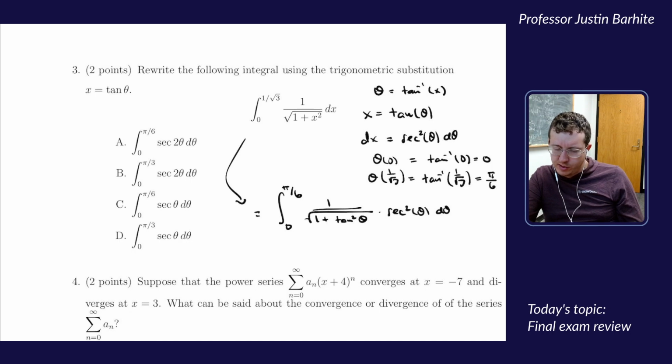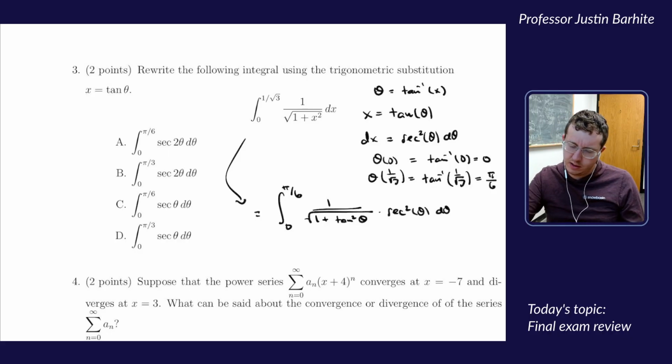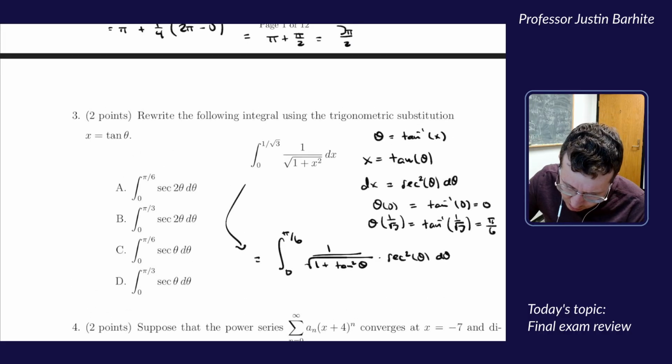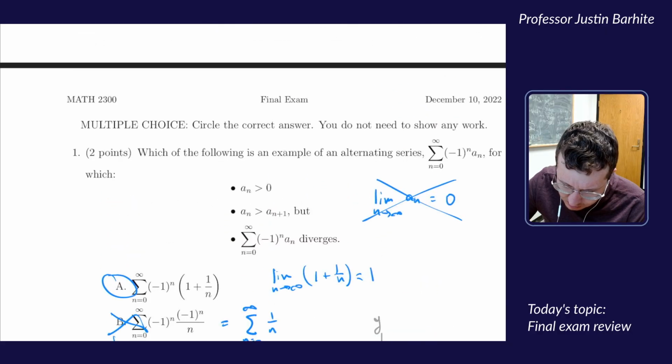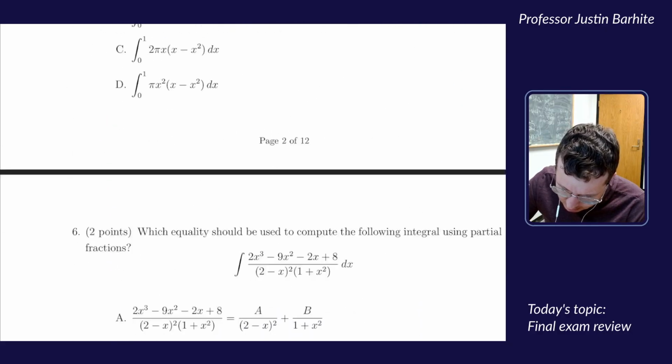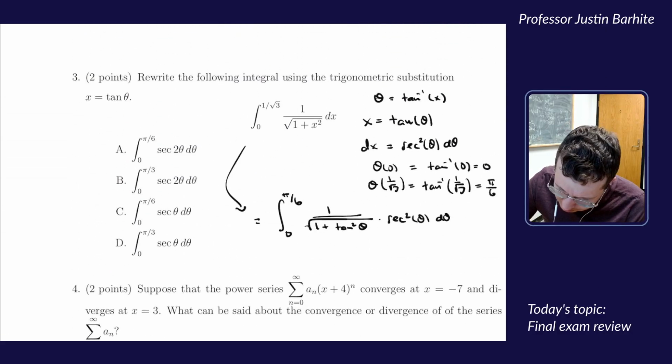I'm pretty sure this is going to simplify down to just secant of theta. I don't see any way to get a 2 theta into here, but let's just work through the details. I don't know why I switched from blue to black. I'll switch back after this problem.